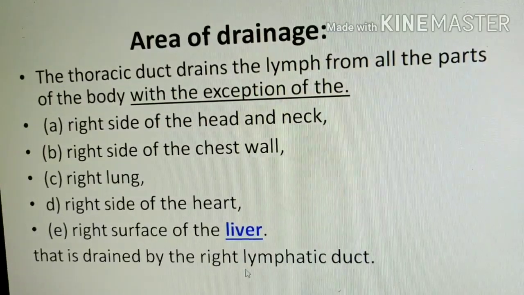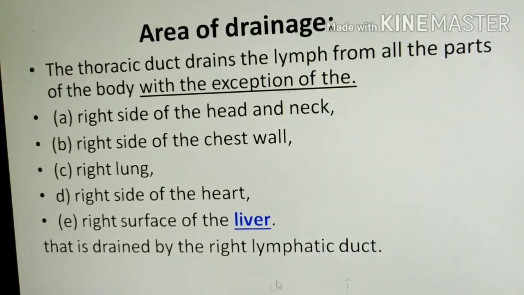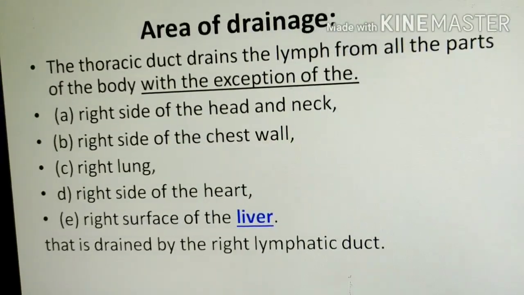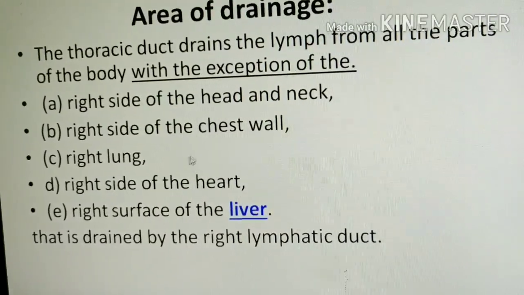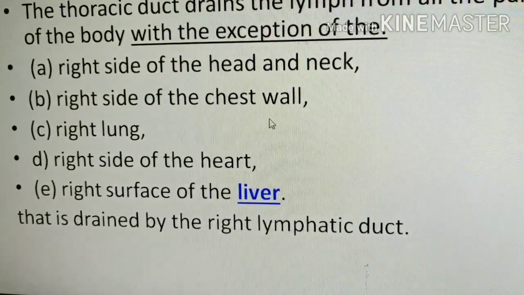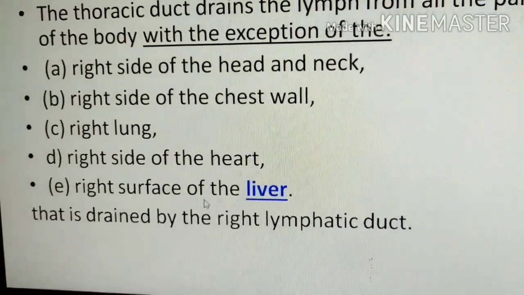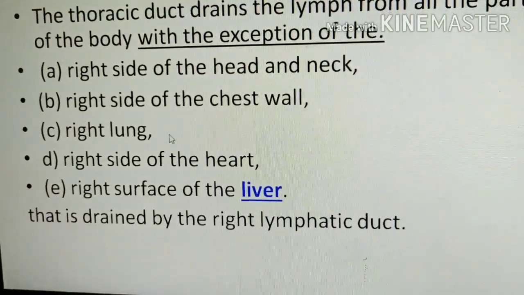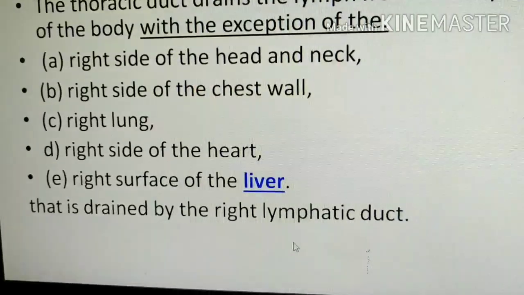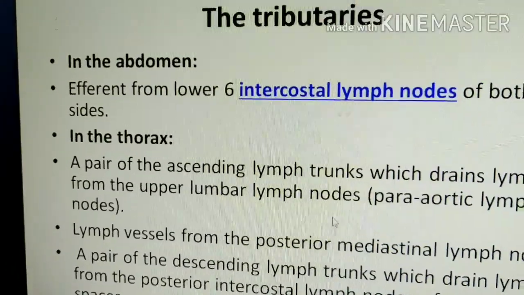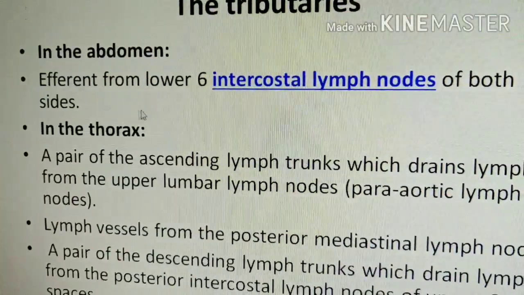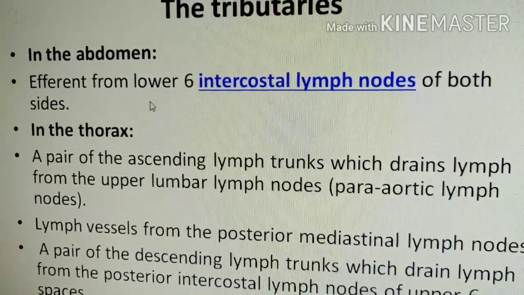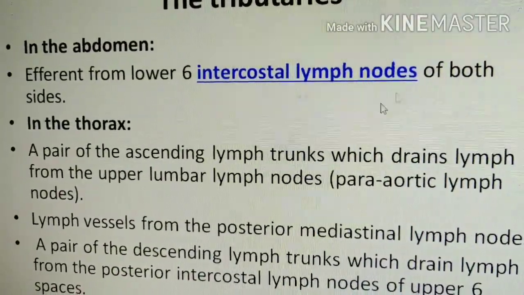The thoracic duct drains the lymph from all parts of the body except the right side of the head and neck, right side of the chest wall, right lung, right side of the heart, and right surface of the liver. All this right side area is drained by the right lymphatic duct. The tributaries of the thoracic duct: in the abdomen, the lower 6 intercostal lymph nodes of both sides.